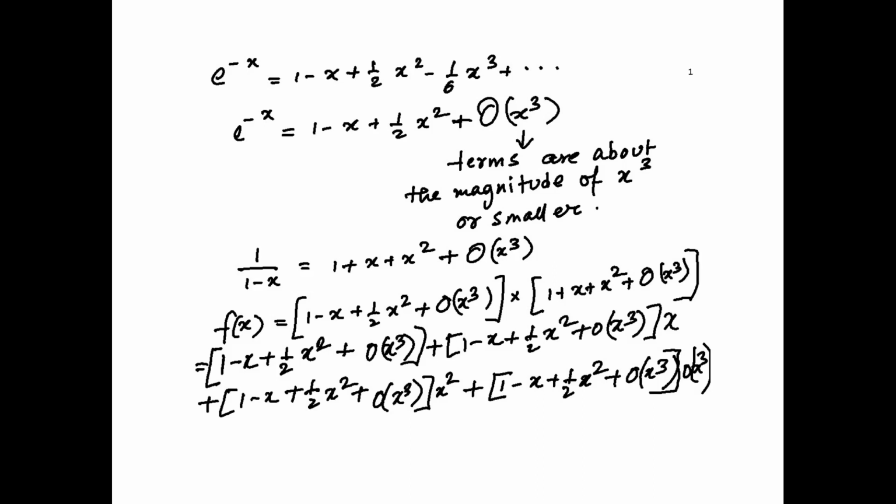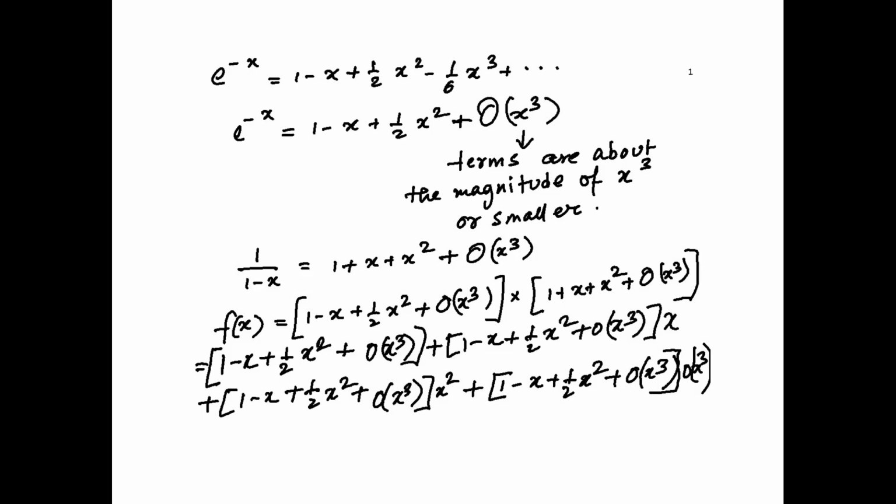So, let us look at the expansion of e to the power minus x, that is 1 minus x plus half x squared minus 1/6 x cubed and so on. The terms which are higher order, for x small, are terms which are smaller in magnitude. So now let us write down the function up to terms of order x cubed.